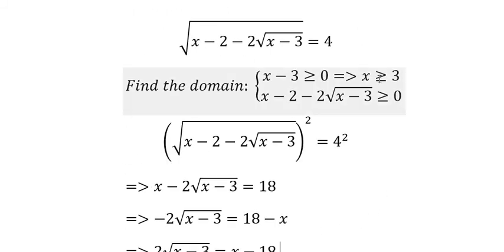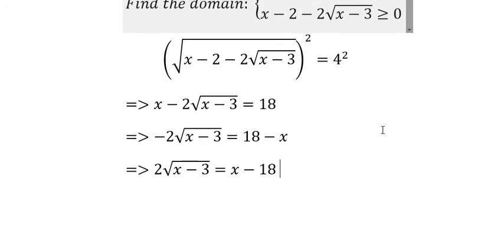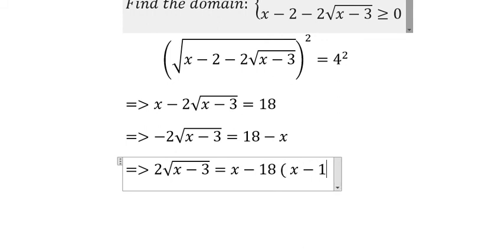Because x is greater than or equal to 3, in this situation this number in here should be greater than 0, because the square root provides a positive number, so this one cannot be a negative number.